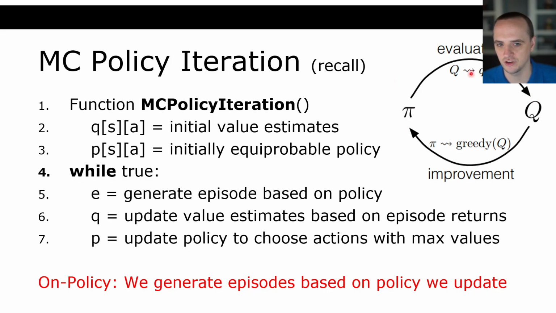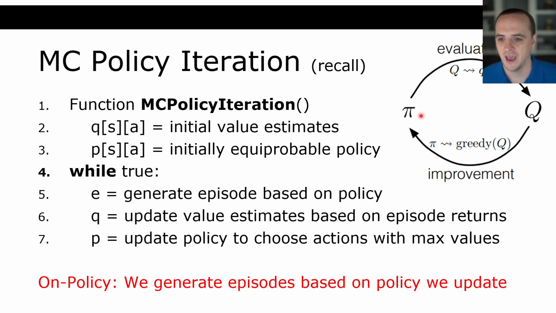We generate an episode and we update the value estimates based on the episode returns. So based on whether or not I won or lost that hand of blackjack, I'm updating my values based on that. And then in the second step, I'm updating my policy to choose which actions gave me the maximum value estimates. All right. So in on-policy learning, we generate episodes based on the same policy that we update.